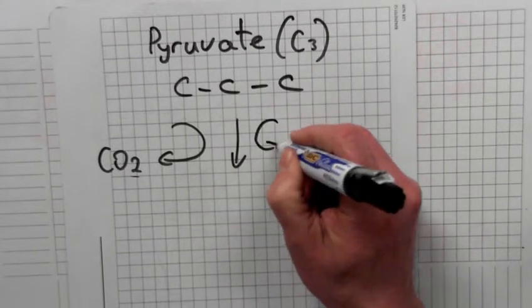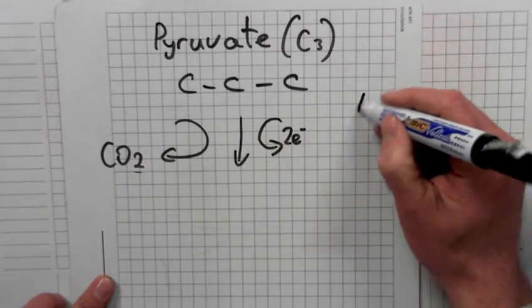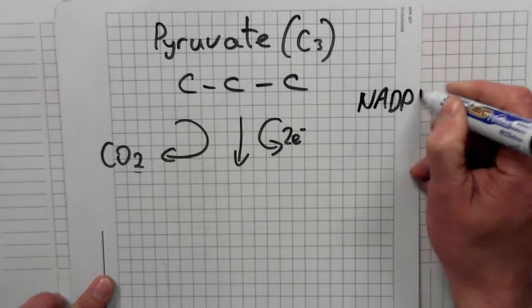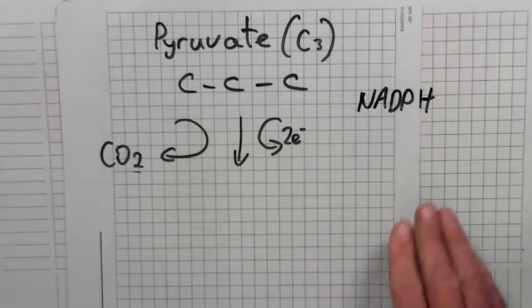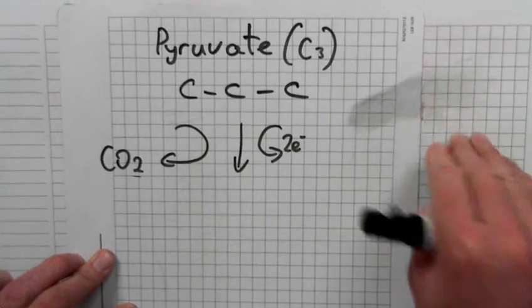Right, the 2 electrons released. In photosynthesis you had NADP plus, but in respiration you have NAD plus.